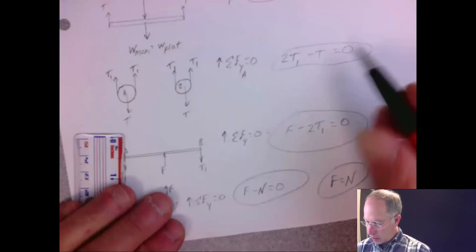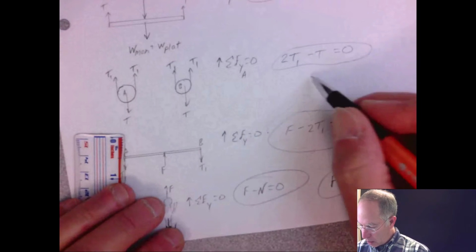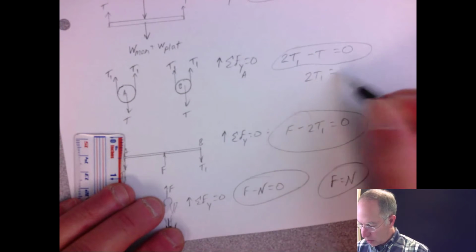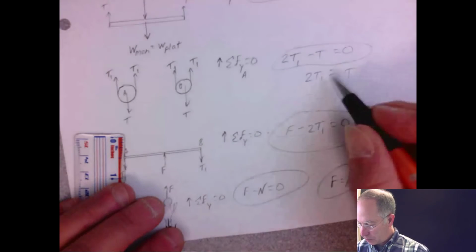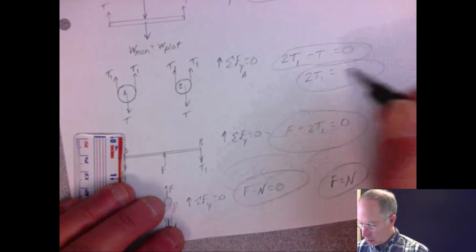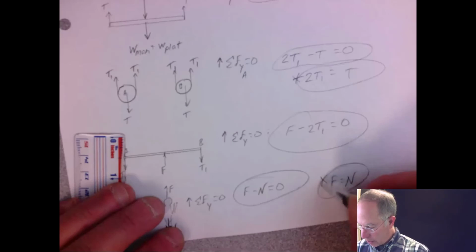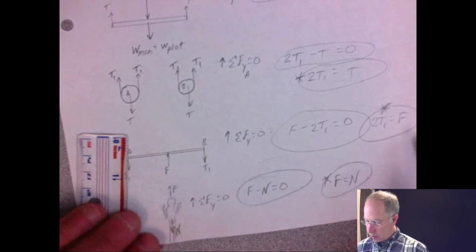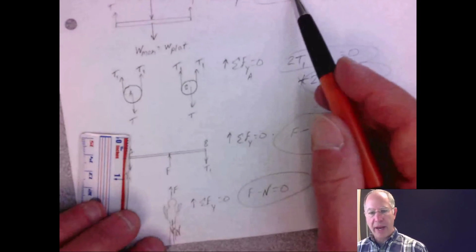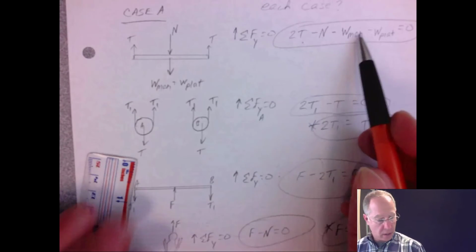And here we can say that 2T1 is equal to T. Here we can say that 2T1 is equal to F. And substitute all that back into this equation and solve.